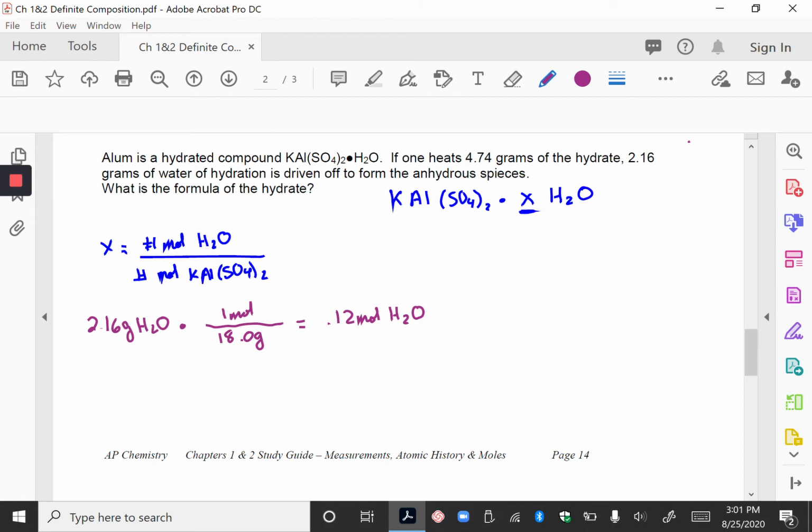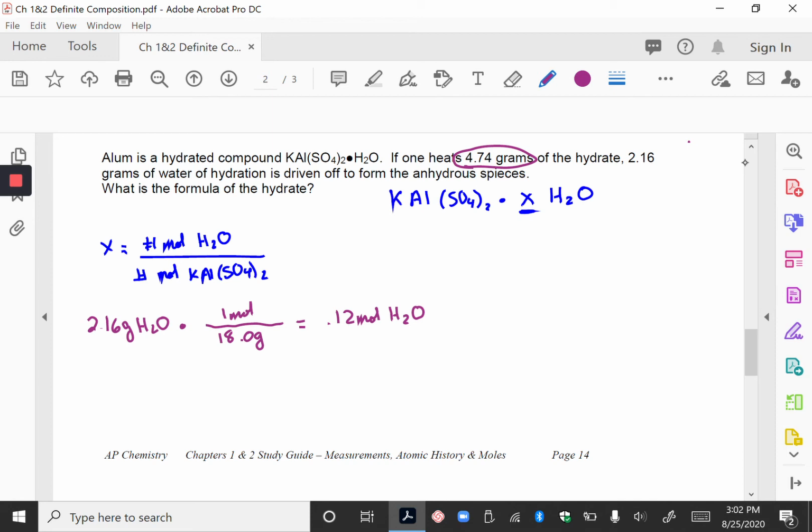How about the mass of the anhydrous? Well, they tell us that the whole compound, the hydrate compound, is 4.74 grams. That's this whole thing, right, with the water. And they tell us when we heated it, 2.16 grams of water came off.